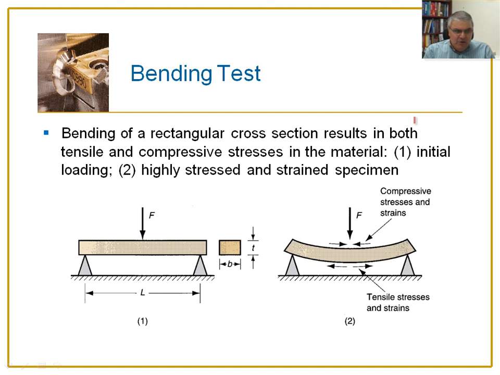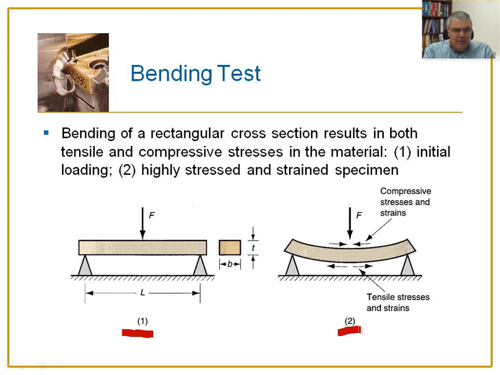Bending of a rectangular cross-section results in two types of stresses, both tensile and compressive stresses. In part 1 down here, this is the initial loading of the bending test, and in part 2, we increase that, and we highly stress and strain the specimen at the same time.